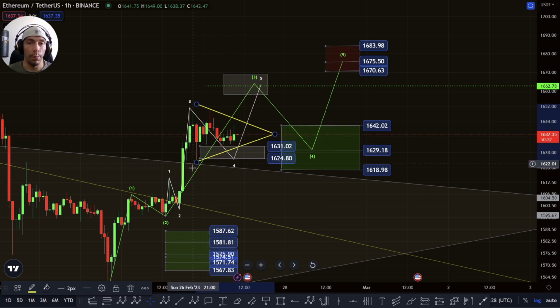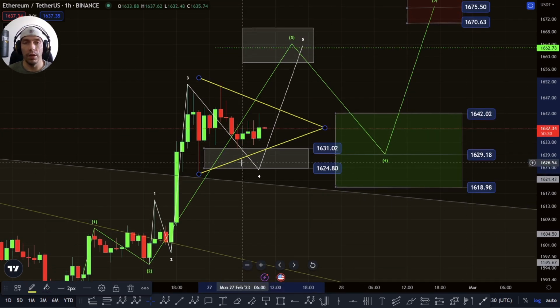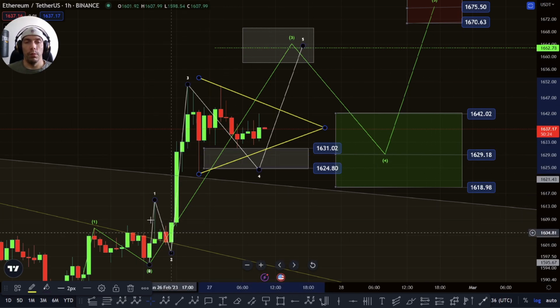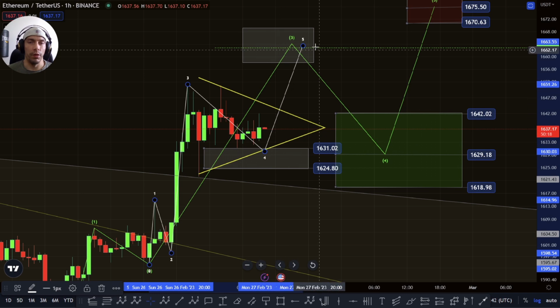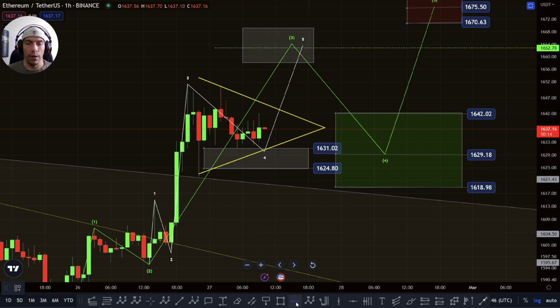Although I wouldn't want to see it get too much bigger than it already is. It's starting to push the boundaries. I'd want to see this complete fairly soon if we're looking at this as a fourth wave triangle, because wave 2 would have only been quite short, so this is really getting towards the bigger side, and we'd want to see this break to the upside here for this zone. If we move above this 1650 or we move below the 1622, it would invalidate the idea of this triangle still progressing.